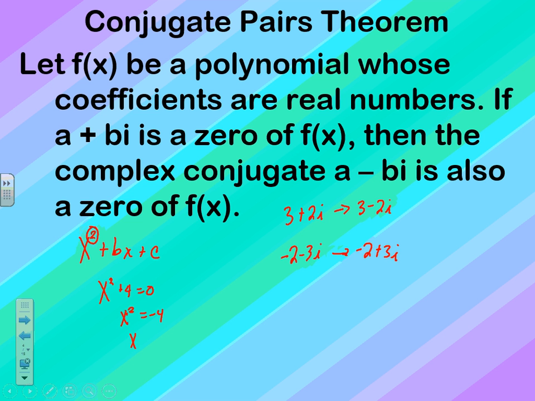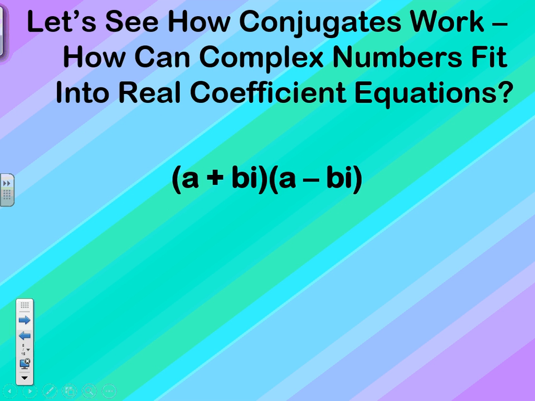If I take the square root of both sides, that's going to give me the square root of negative 4, which tells us, well, there's our complex roots. That'll give me a positive or a negative 2i. Because we have to take the square root of something at some point when we're solving a quadratic expression, that's why we always have two complex roots. If I have one, I have to have two.